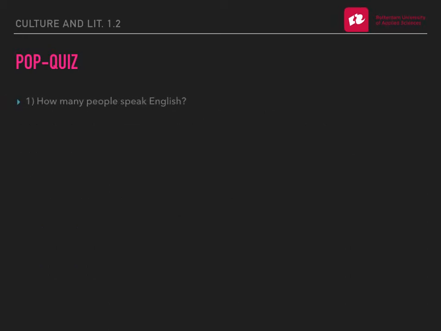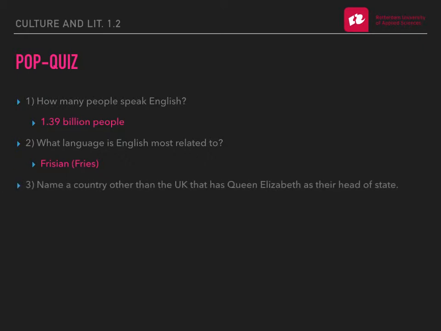Now, English is spoken by 1.3 billion people. The language that English is most related to is Frisian, a language spoken in the northern part of the Netherlands. For the country other than the UK that has Queen Elizabeth as their head of state, there are several of them.